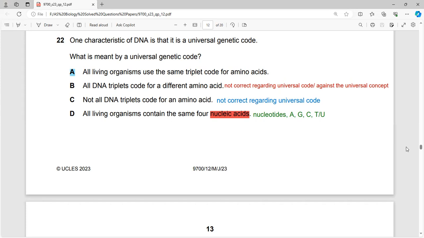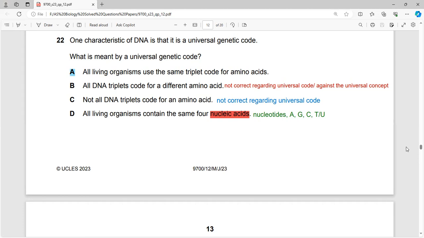Whatever the living organism, the proteins are composed of the naturally existing 20 different amino acids, and these amino acids are produced by the same triplet codon code in all living organisms. So that's the concept of the universal genetic code. So A is our correct option here.